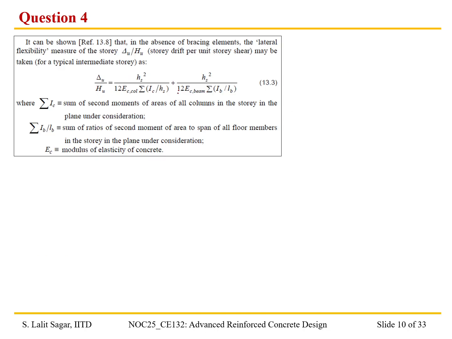This term delta u by hu is given by h square divided by 12 EC column summation of IC by HS, that is the cumulative stiffness of the columns, plus HS square divided by 12 EC B summation of IB by LB, which is the cumulative stiffness of the beams, which we have already determined in the previous questions.